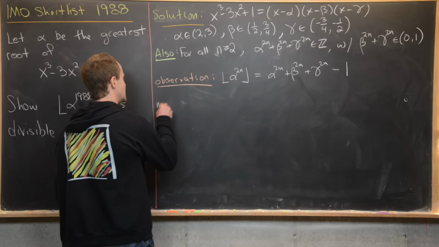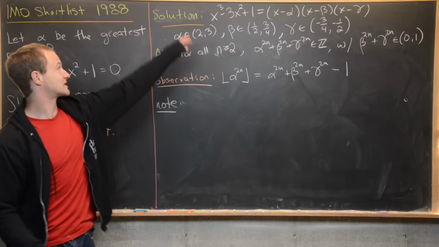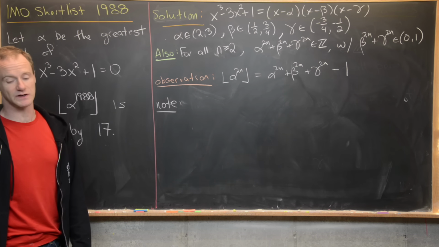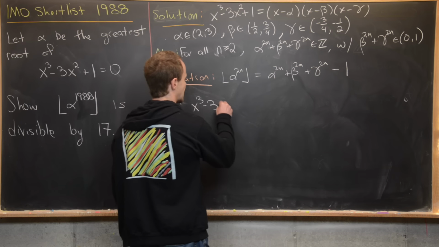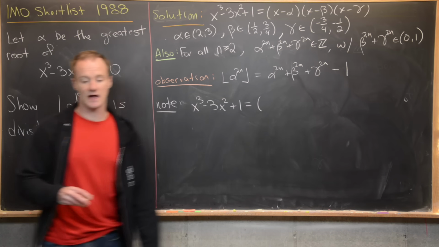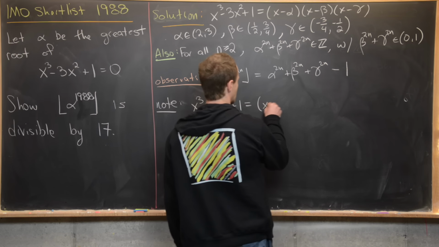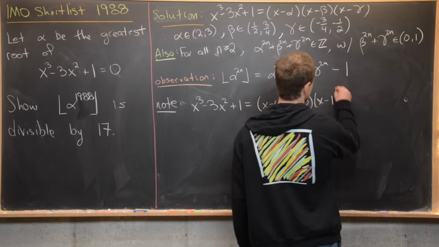So I want to maybe notice that mod 17, we can factor x cubed minus 3x squared plus 1 in the following way. So x cubed minus 3x squared plus 1 is going to factor like (x minus 4) times (x minus 5) times (x minus 11).